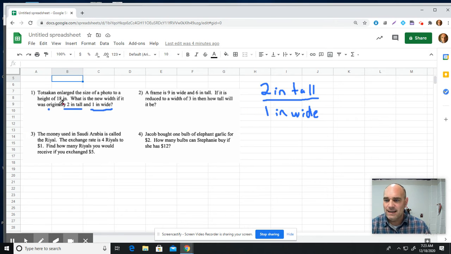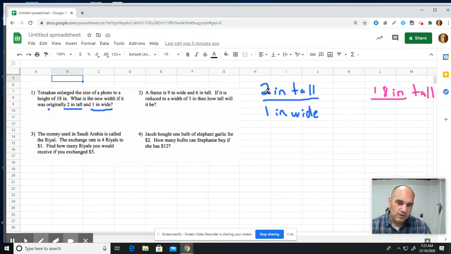Height is how tall it is, so I'm going to put my 18 inches on top, over here, and say it's 18 inches tall. Once I've got this set up, the math kind of does its own thing.